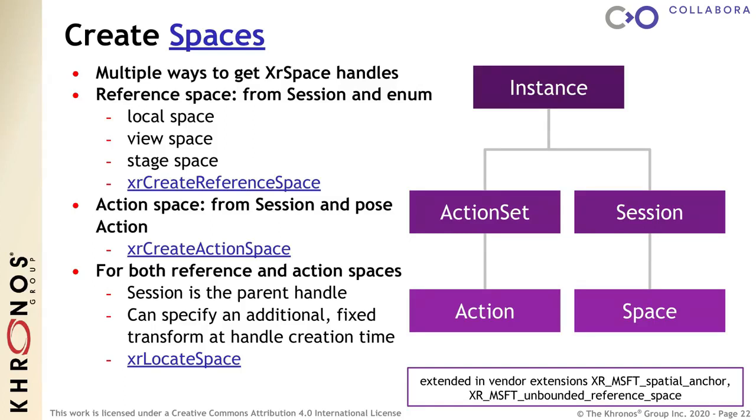Additionally, for both of these space types, you can specify an additional fixed transform at handle creation time. XR locate space is the call used to find the transform from one space to another. Note that you never just find the pose of a space, you always find a space with respect to another space. You don't track your hand, you track your hand relative to local space or stage space.